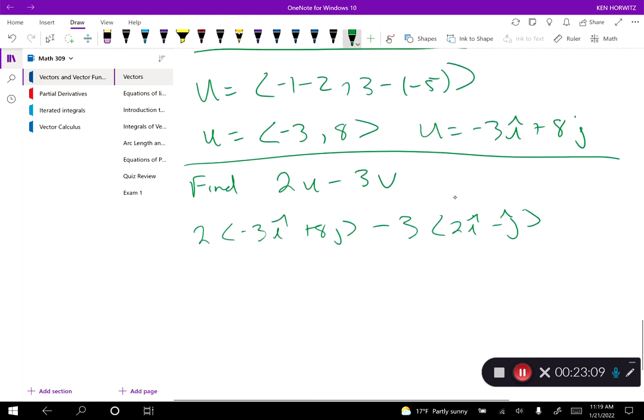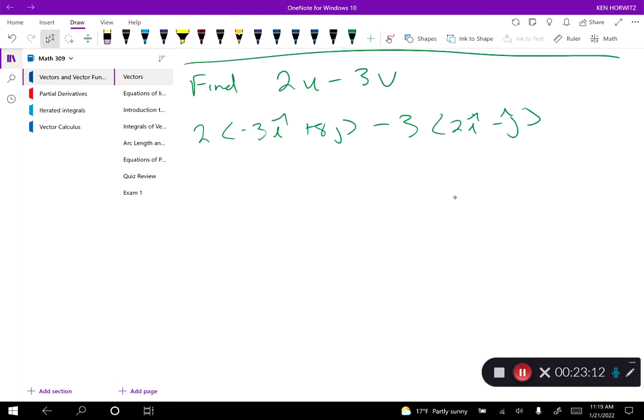All right, so now we're going to use our scalar operations. We're going to distribute. So I have -6i plus 16j. I'm going to distribute my -3, so I have -6i plus 3j.